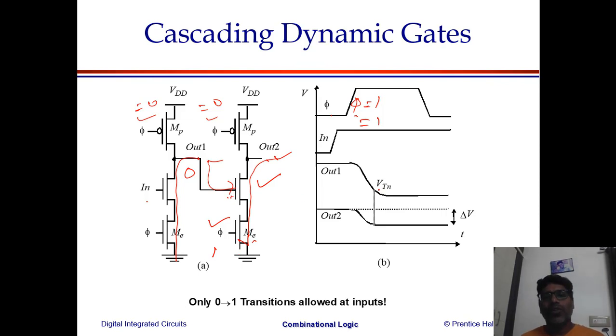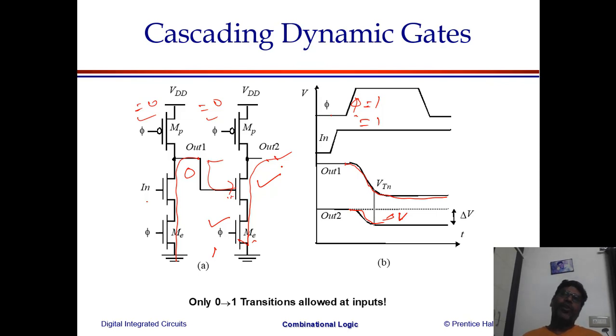This takes place till your output voltage goes less than Vt. So the first output node goes to ground, and in the second, till the point where it gets less than Vt, your voltage gets reduced by a value of delta V.